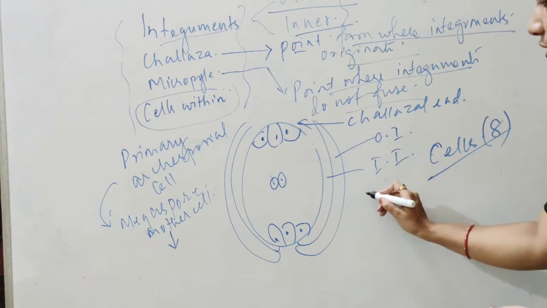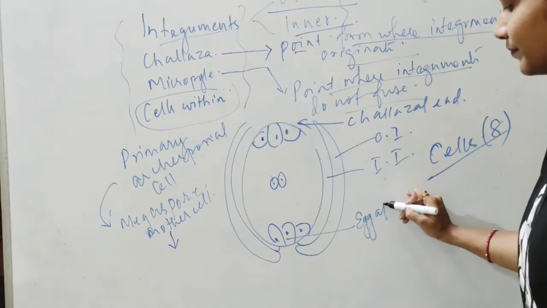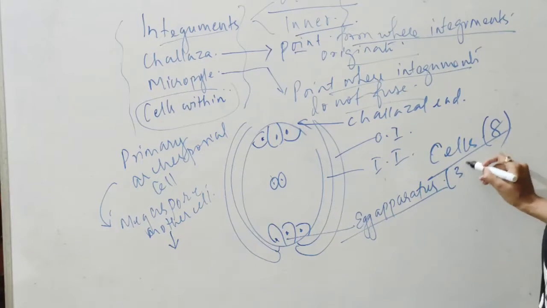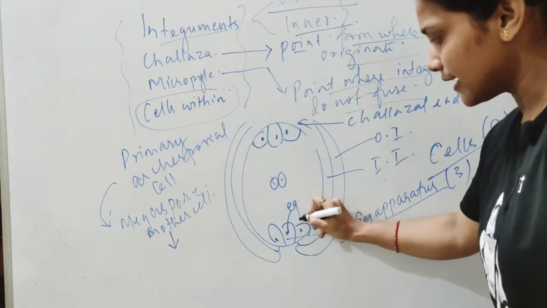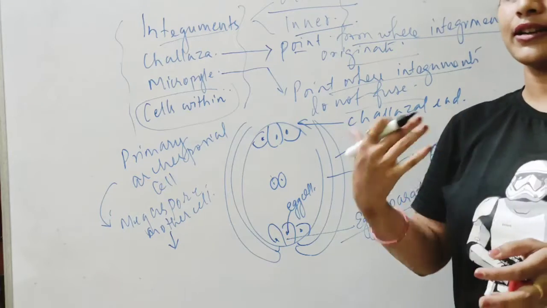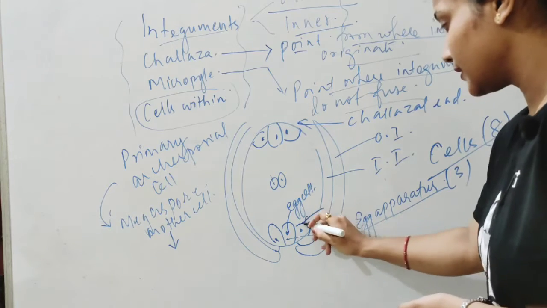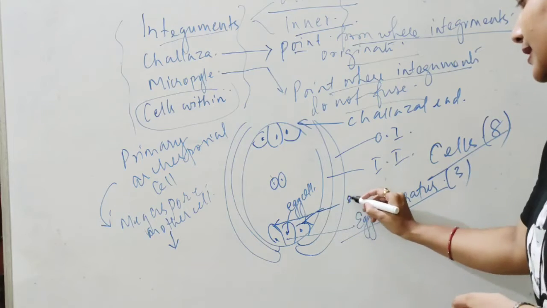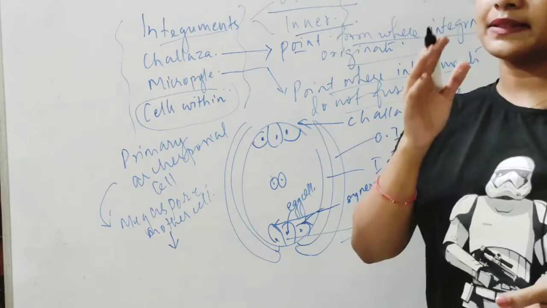They consist of, first and foremost, the egg apparatus. The egg apparatus consists of 3 cells. What are those 3 cells? The middle one is the egg cell, the most important heroine of the process called fertilization, and then come these two cells, the synergids, which we call the supporting cells.